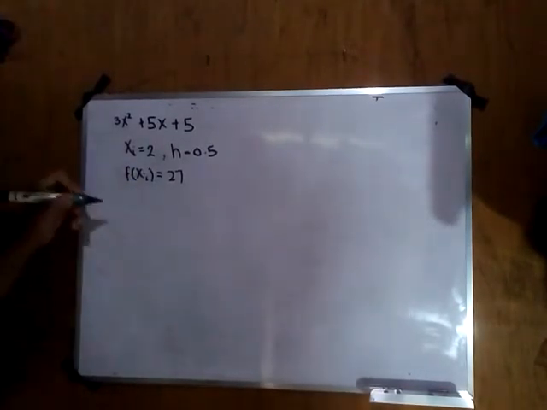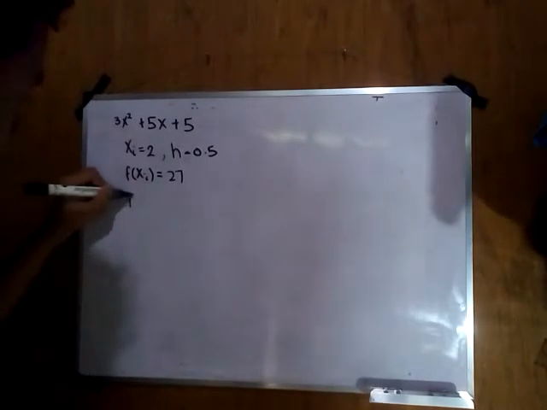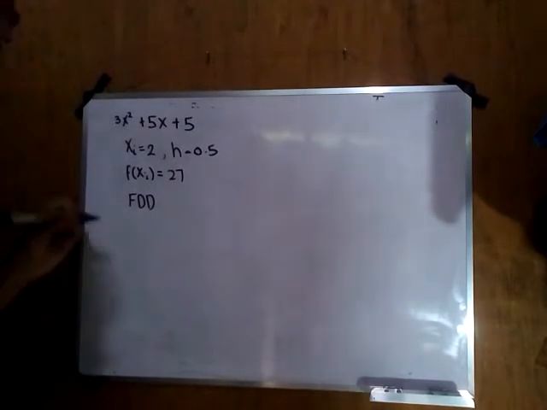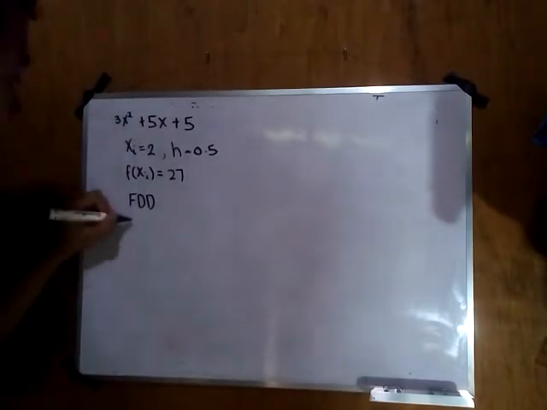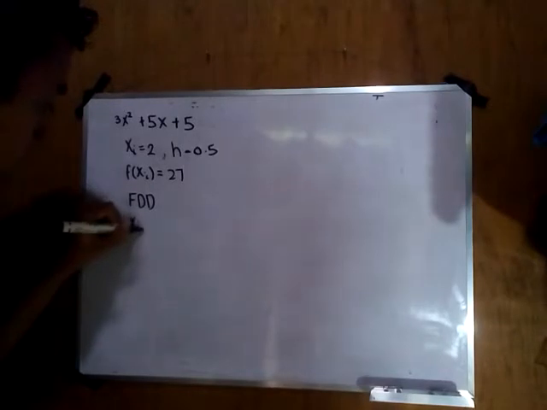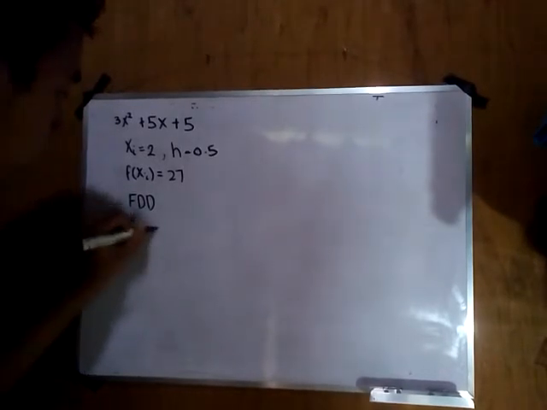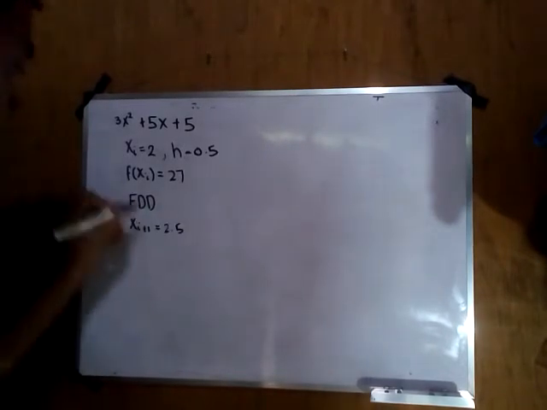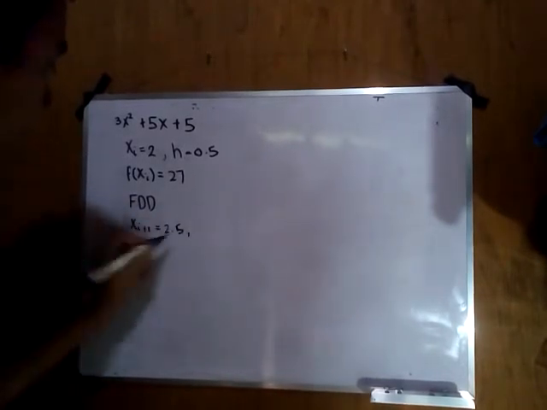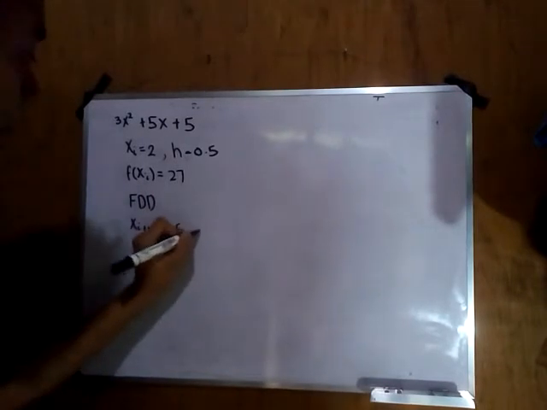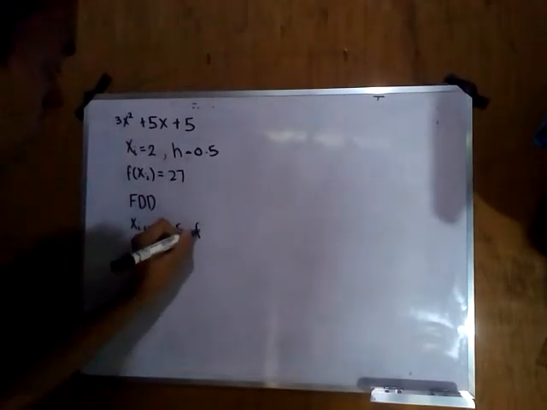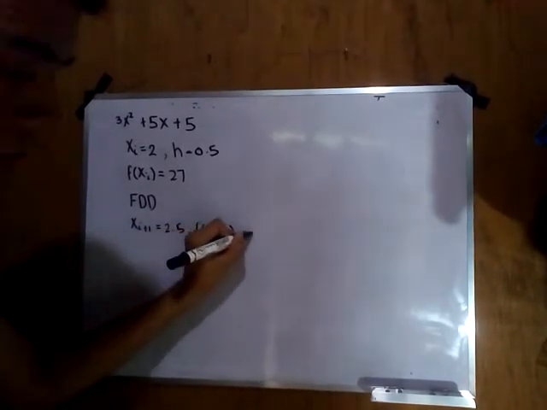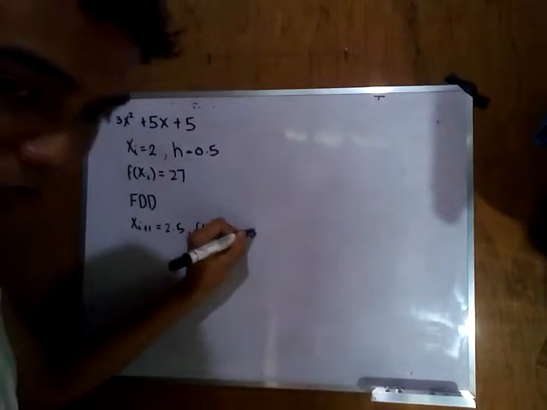So to solve for FDD, we will need to find the x sub i plus 1, which is 2.5. Applying this and getting the value of f of x at 2.5, we have 36.25.